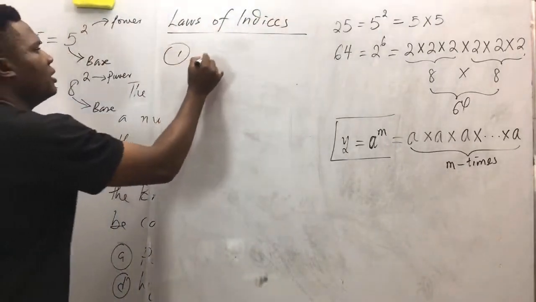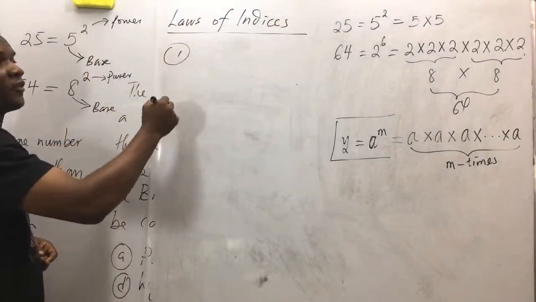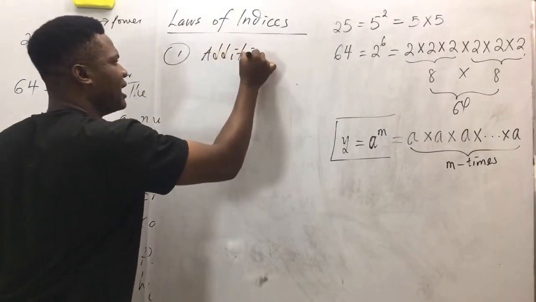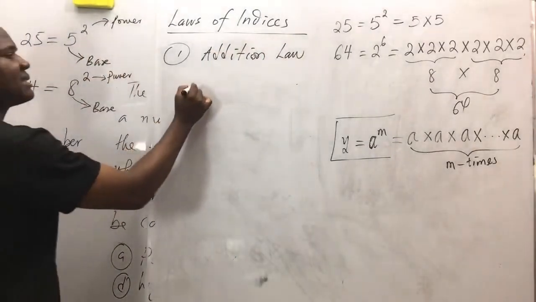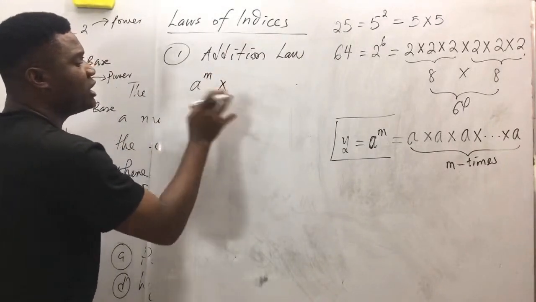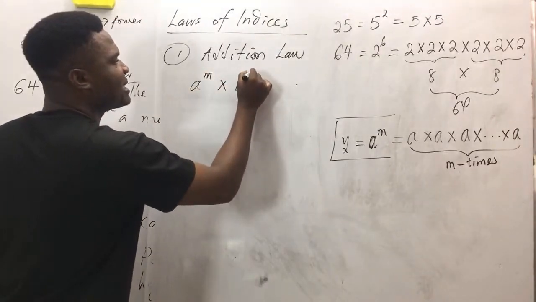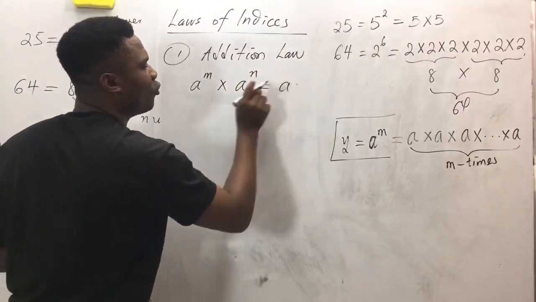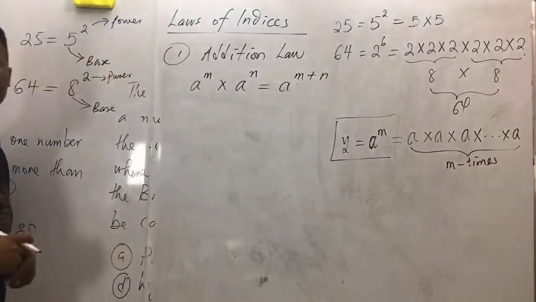Number one, the first law we are going to be looking at under the laws of indices is called the addition law. So what does this law state? It states that when the index forms of two numbers are multiplied such that the bases are the same, then the result is the same as one base raised to the sum of the respective powers.